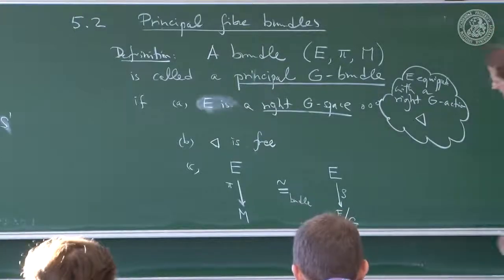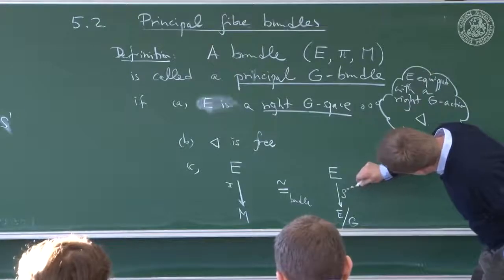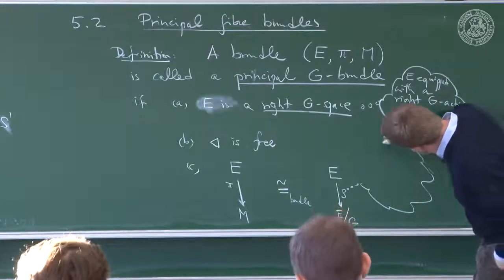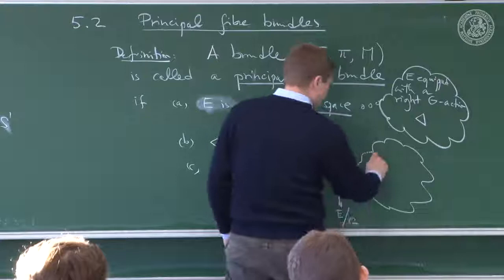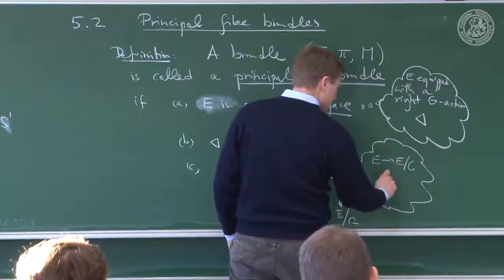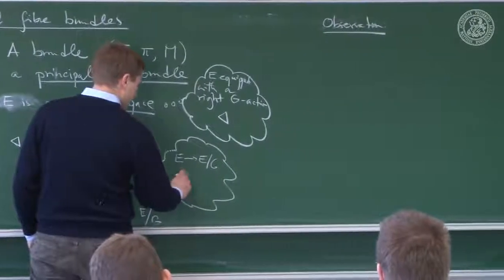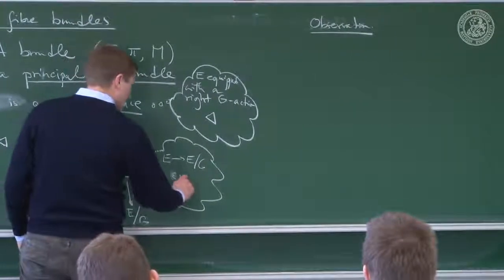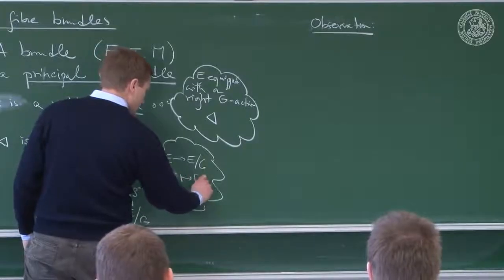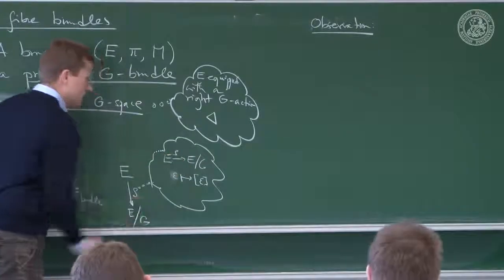So I should say, this rho is just a map from E to the quotient set. It takes a point, epsilon in E, to the corresponding equivalence class. That's this map rho. Okay?